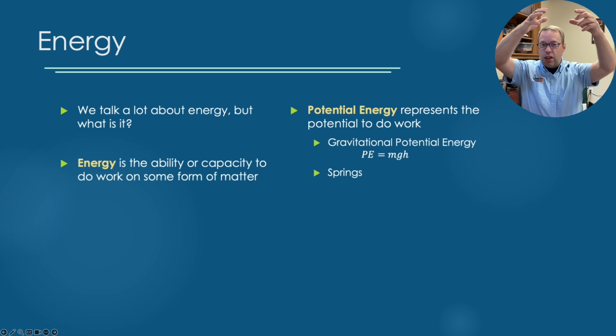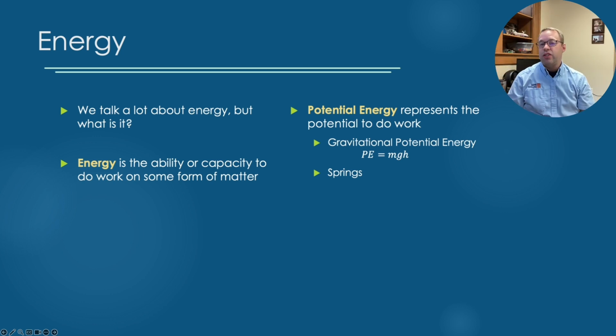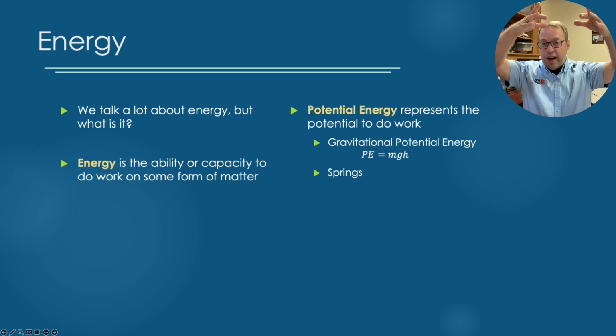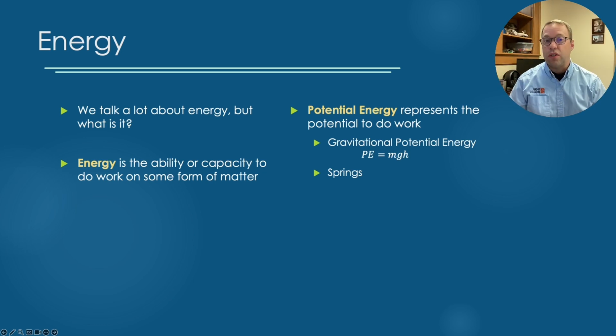So as soon as you let go, that energy will start moving the heavy object back down to the ground. Okay, so potential energy is the potential to do work. And if you lift something up high, you have the potential for gravity to be doing the work.